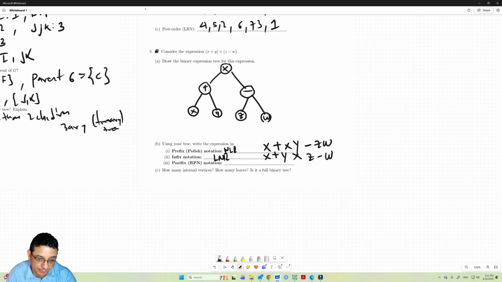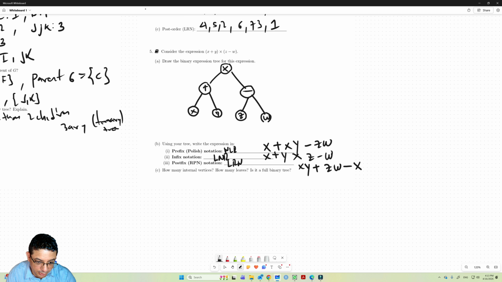And then finally for the postfix notation, the RPN, which is equivalent to the LRN, we first go with the leaves, so we have x, y, then the operation in the middle, plus, then the next set of leaves, which is c and w, the operation that they're using, and finally the root node, which is the times.